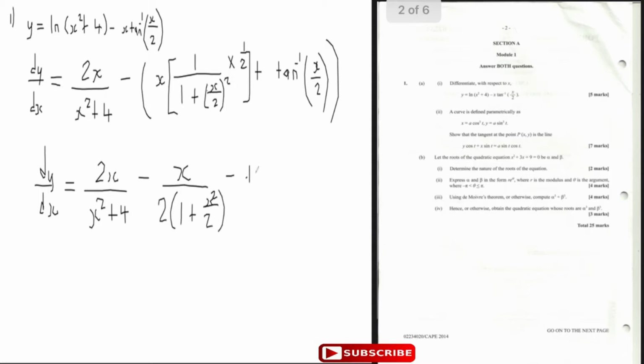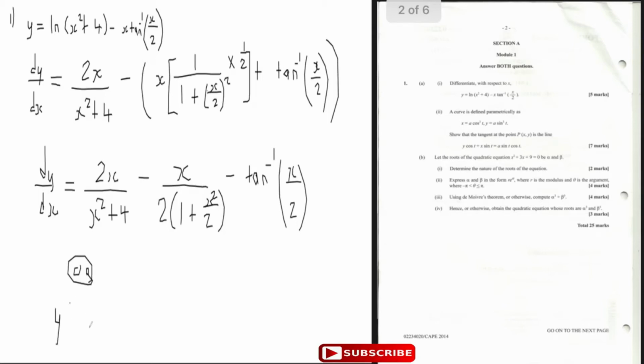You can simplify it some more if you want, but that's not important. This is dy dx. You could simplify it further by multiplying through by 2 to get x over 2 plus x squared. So instead of writing it this way, just showing you another way you can write it. Instead of saying dy by dx, I'm going to write y prime.